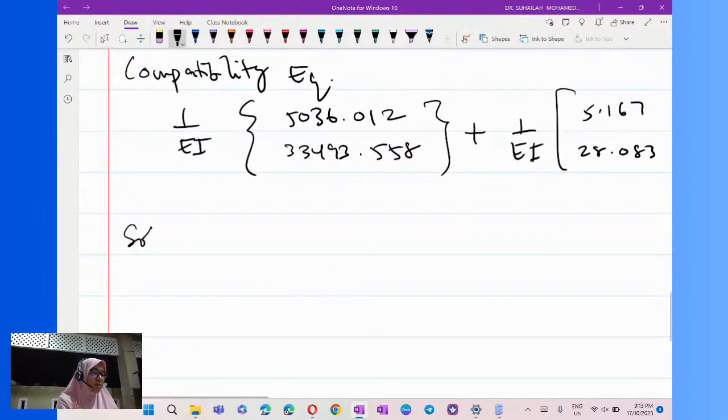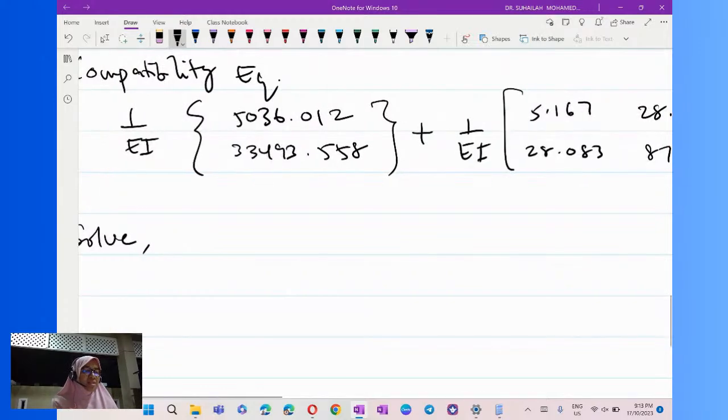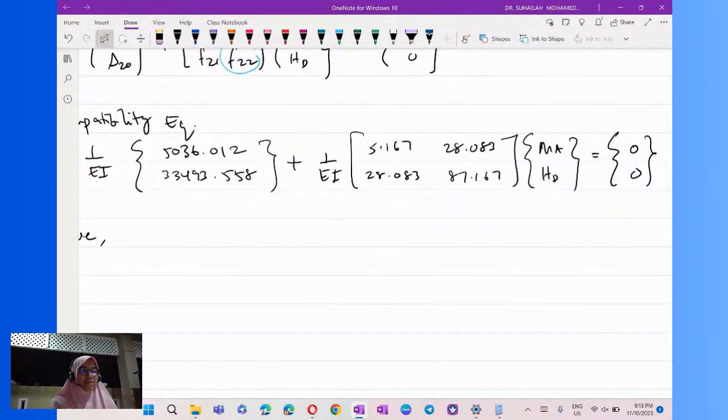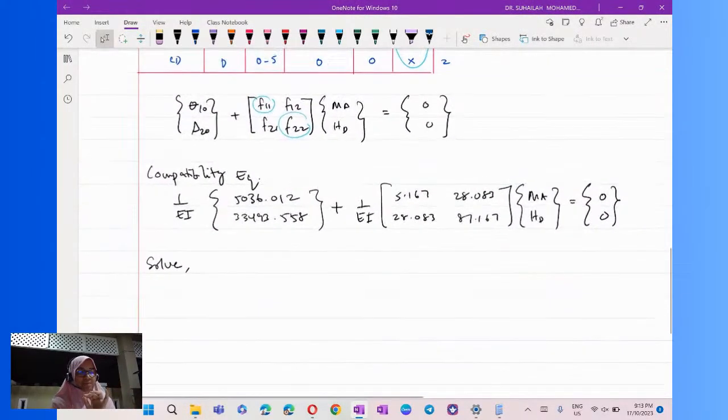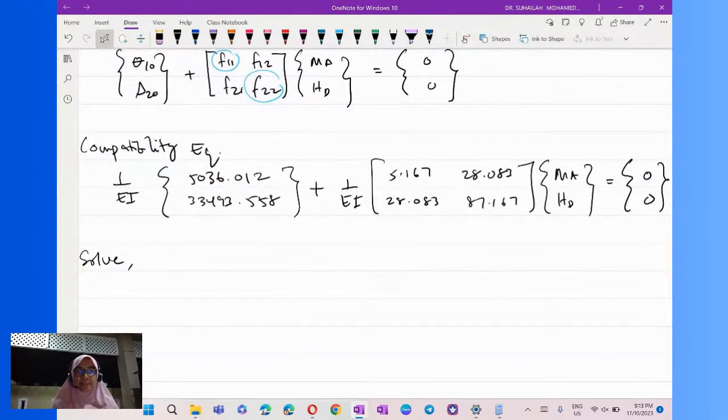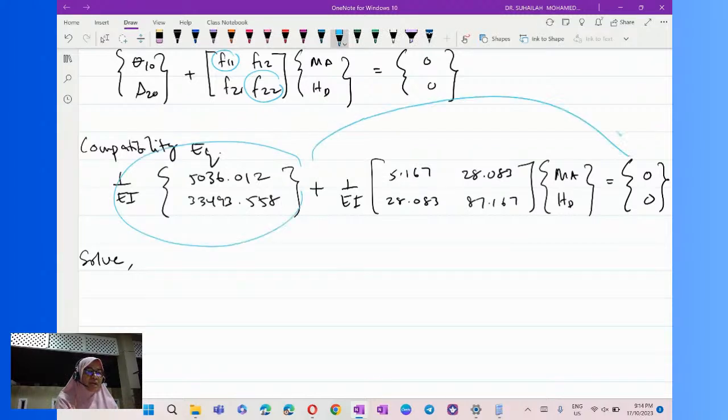Solve means we have to key in the values of A, B and C. This compatibility equation is actually equivalent to two simultaneous equations. It means that you have to bring this value to the other side.